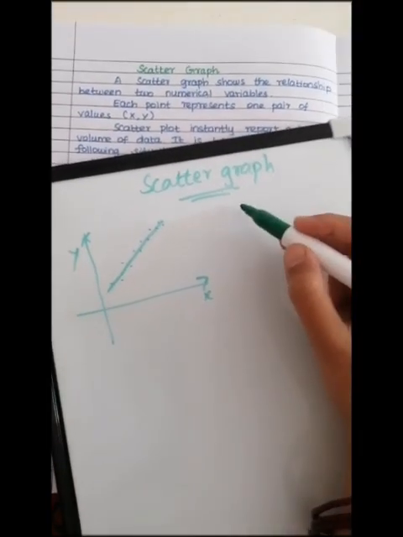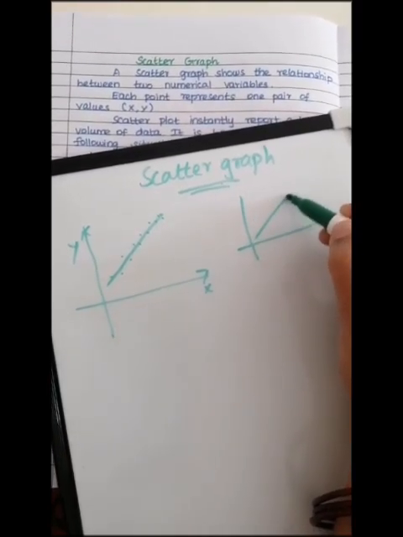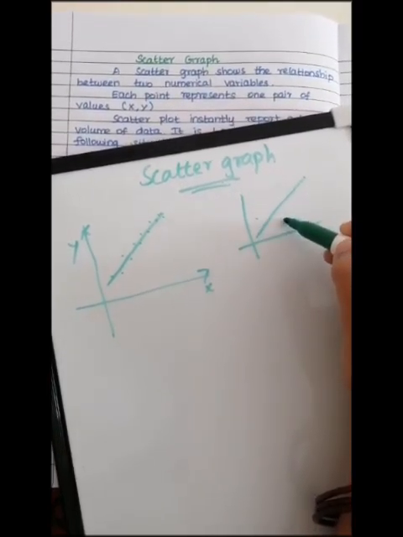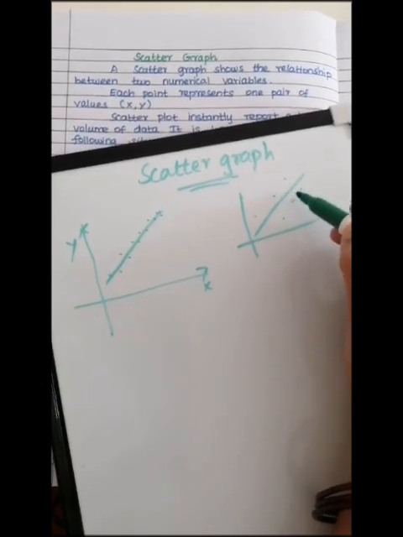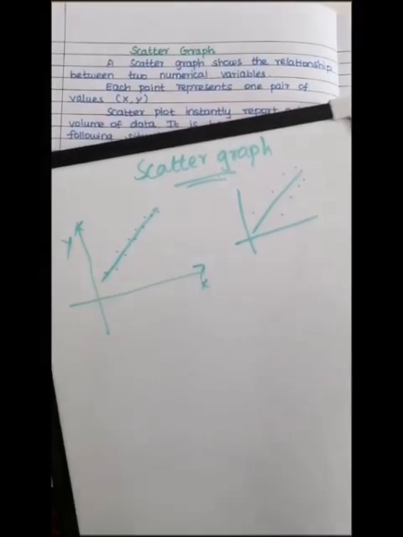If the dots are more spread out, this is a weak positive correlation.